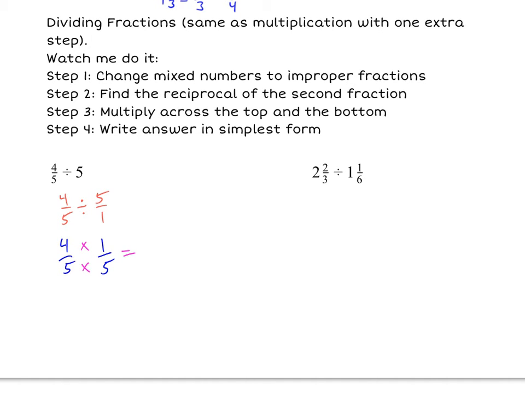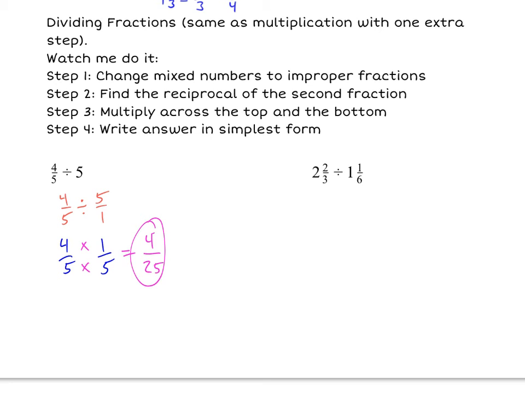When you have a division problem, to make it possible to do, we flip the second fraction and we multiply. That's the process we use. So 4 times 1 is 4. 5 times 5 is 25. And then step 4, if you need to, write your answer in simplest form. This one, 4/25, is already simplest form.